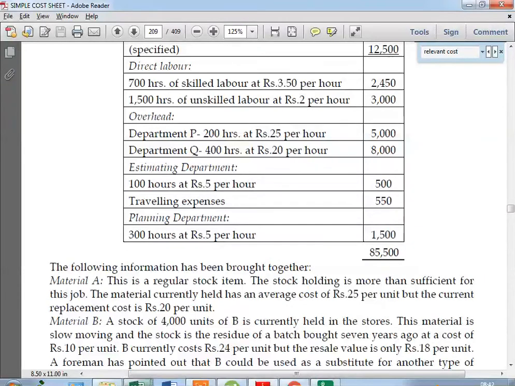Usage of 200 hours for this contract will make them lose the opportunity of selling it outside.